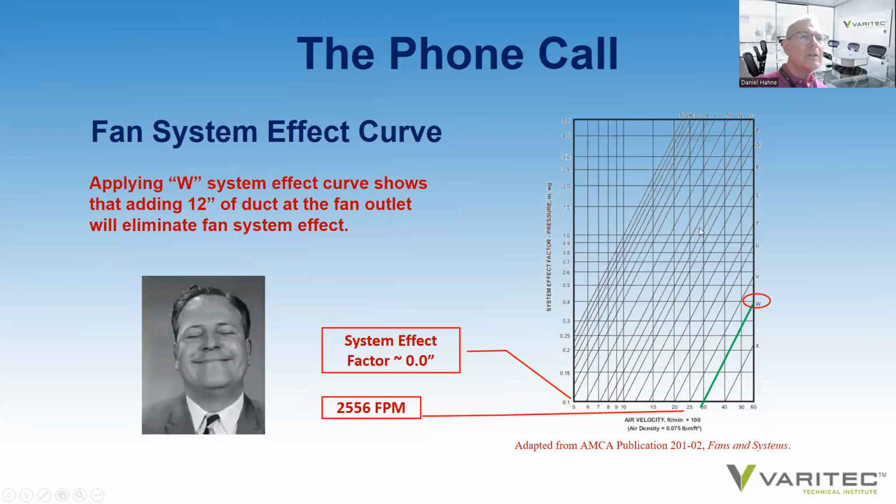So if we go now to the system effect fan curve and we apply the W fan curve, we see that it does not intersect with the vertical velocity line. So consequently, system effect is eliminated by putting a straight piece of duct at the discharge of the fan, a far more economical, easier, faster approach to address that.